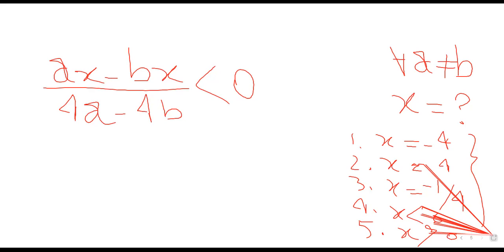Then I just simplified the other side, so I got ax minus bx is less than 0. Then I factored x because they both had an x in them, and it's x times (a minus b) is less than 0. Then I divided both sides by a minus b to get x by itself, and x is less than 0. Okay. Good.